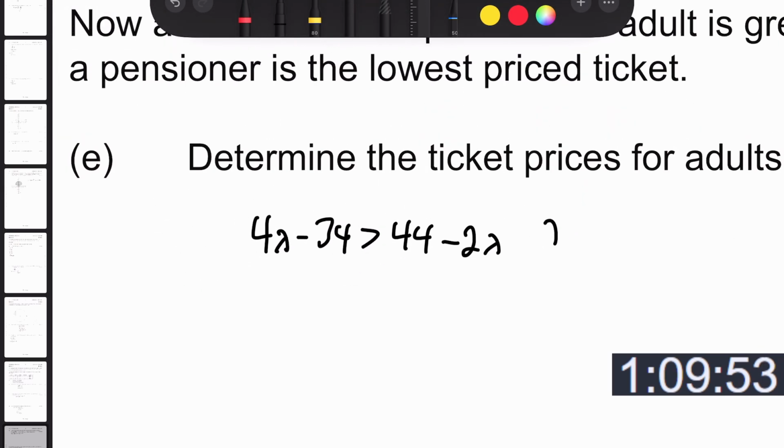So let's solve this. We have 6 lambda greater than 78, so lambda is greater than 13.